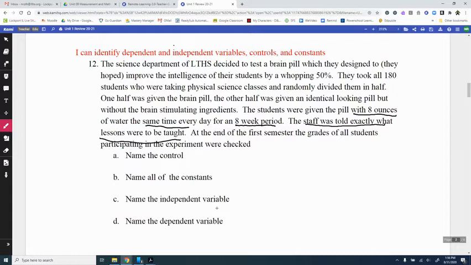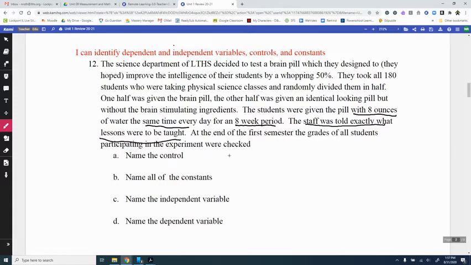The dependent variable, in simple terms, is your results. Whatever the results of your experiment are, that's your dependent variable because it depends on what your independent variable does. So in this case, the dependent variable was if the student's brain power increased, if their test scores increased.